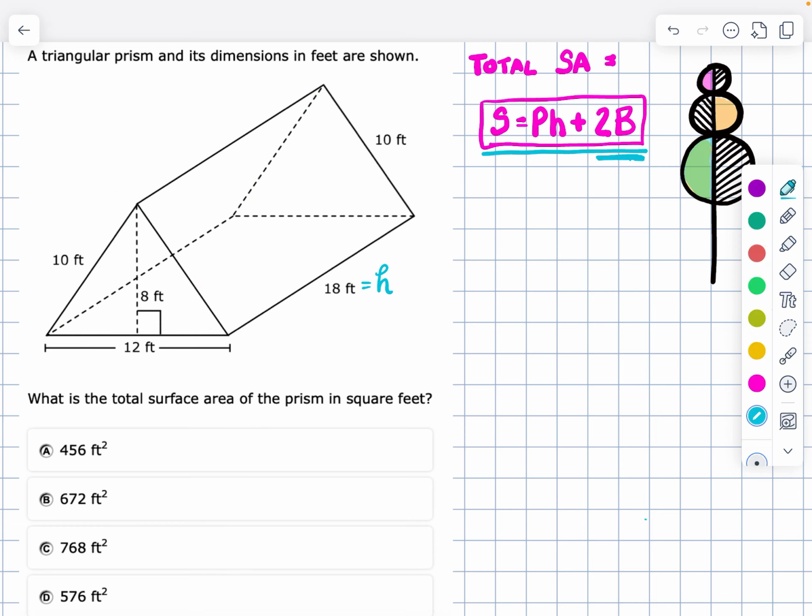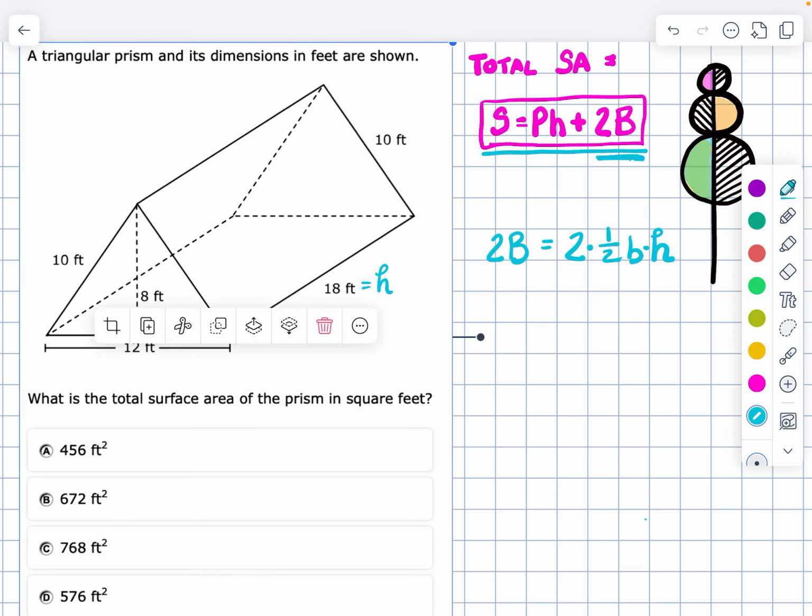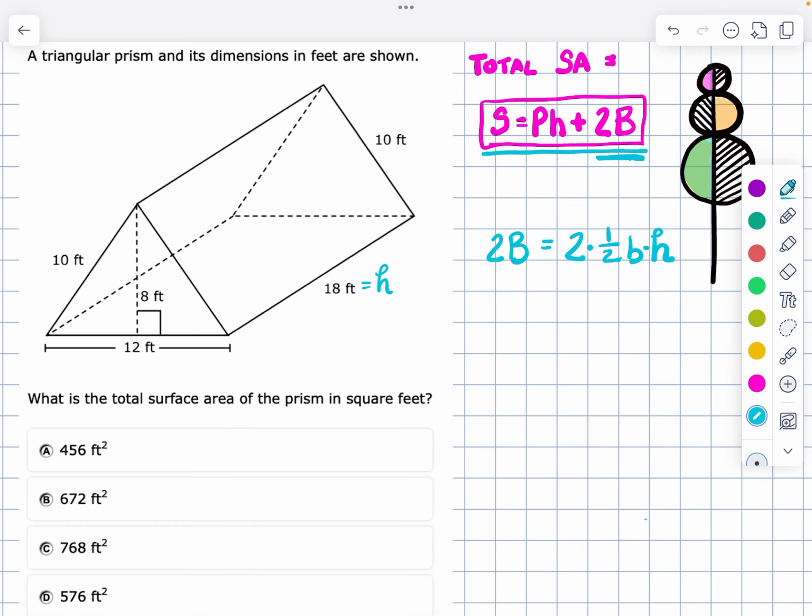I'm going to write down 2B, capital B, is equal to 2 times, and then the formula for the area of a triangle is 1/2 little b, and this is why it confused my students, times the height. That lowercase b, said little b, is 12 feet. I don't mean to mark through the 12. It's 12 feet. And then our height is going to be 8 feet.